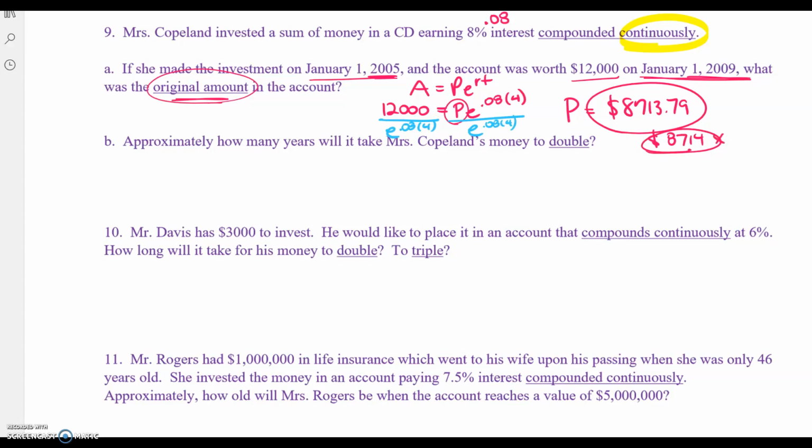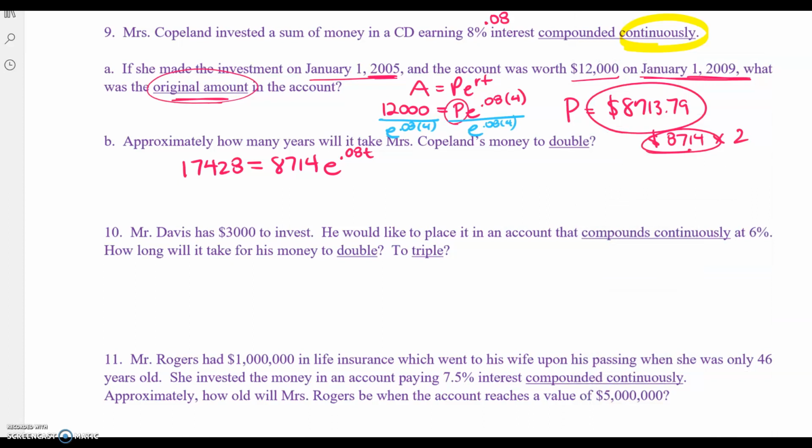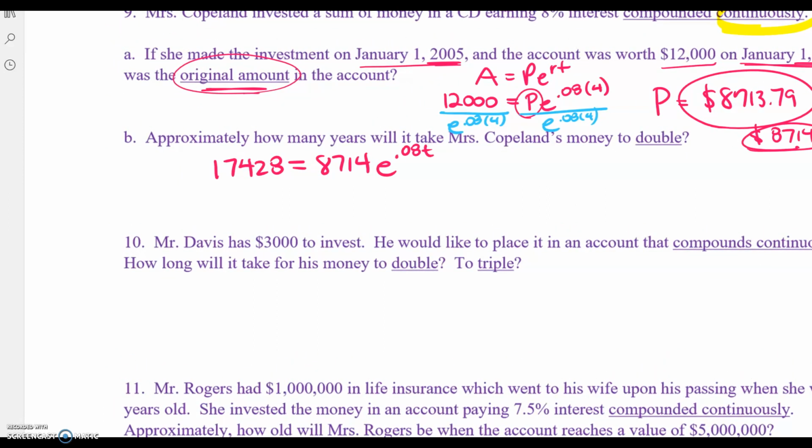Well, if I multiply 8,714 times 2, that is going to give me 17,428. 17,428 for my final amount, 8,714 as my starting amount. My interest rate is still 8%, and I want to know how long that is going to take. So I'm still using my A equals P e to the rt formula.